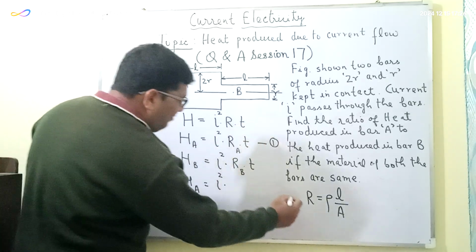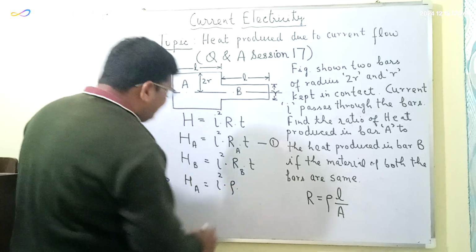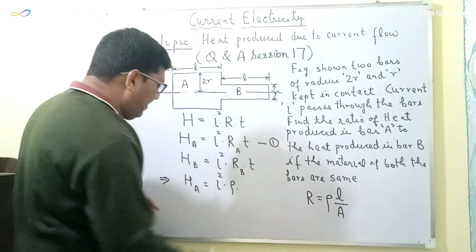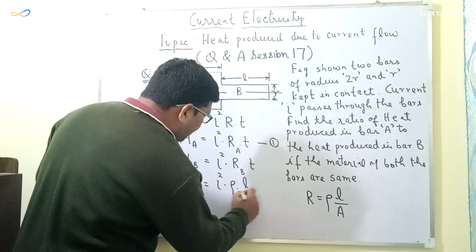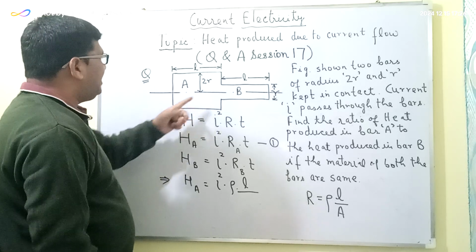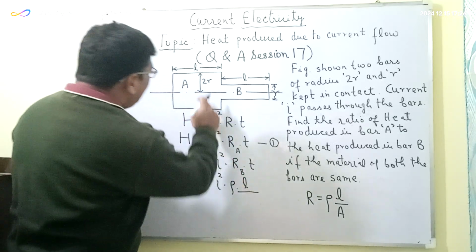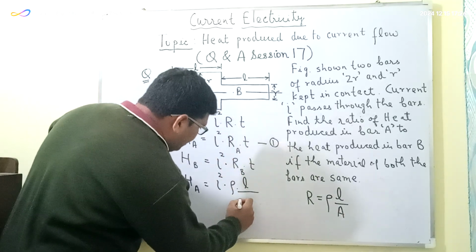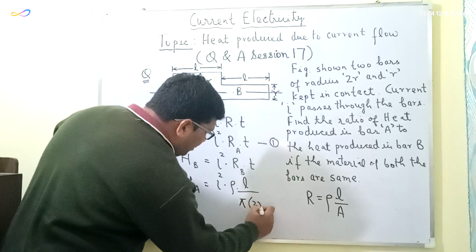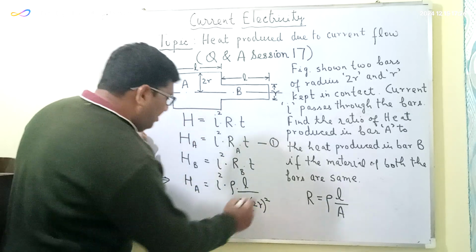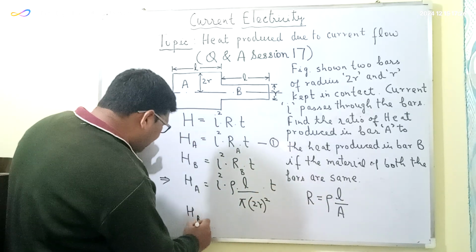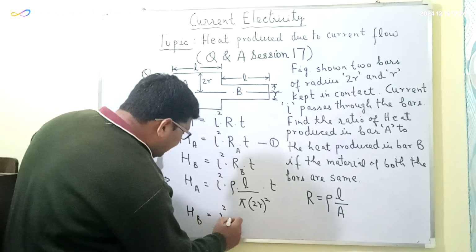RA will be equal to the resistivity of bar A, which I am taking as rho, times the length of the conductor divided by the area of cross section. The radius here is 2r, so the area of cross section will be pi into 2r whole square, into the time elapsed.